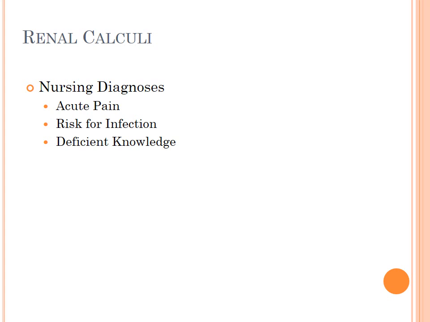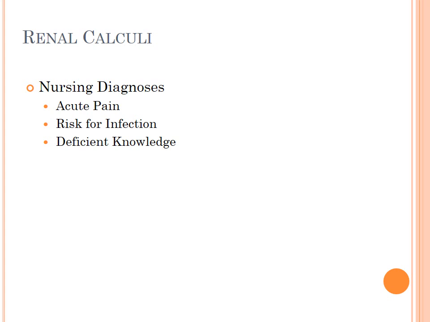So with acute pain, we're going to assess the location, duration, severity. We are going to encourage fluids, administer pain meds, apply heat, and ambulate the person if they're able to help pass the stone, and strain all urine.